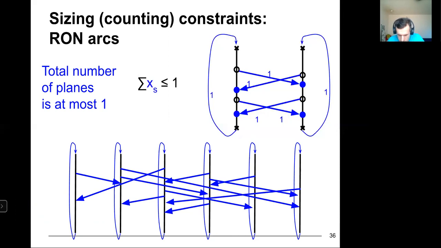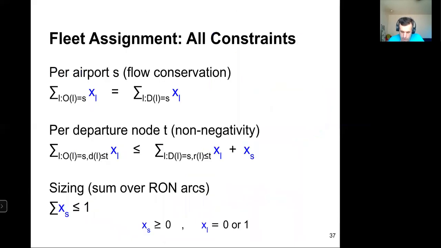So we're just saying that over all airports, the total number of aircraft that stay overnight at the airports should not exceed 1, because we only have a single aircraft at our disposal. Okay, so that's the last constraint.